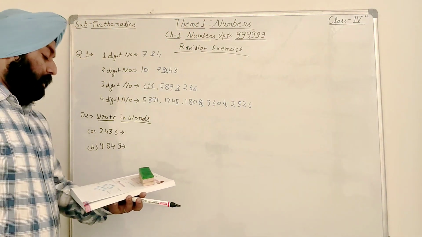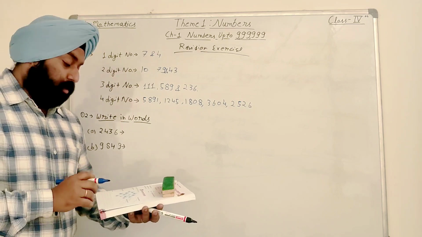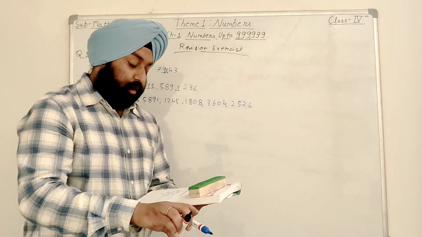That's all our 1-digit, 2-digit, 3-digit and 4-digit numbers from question number 1.